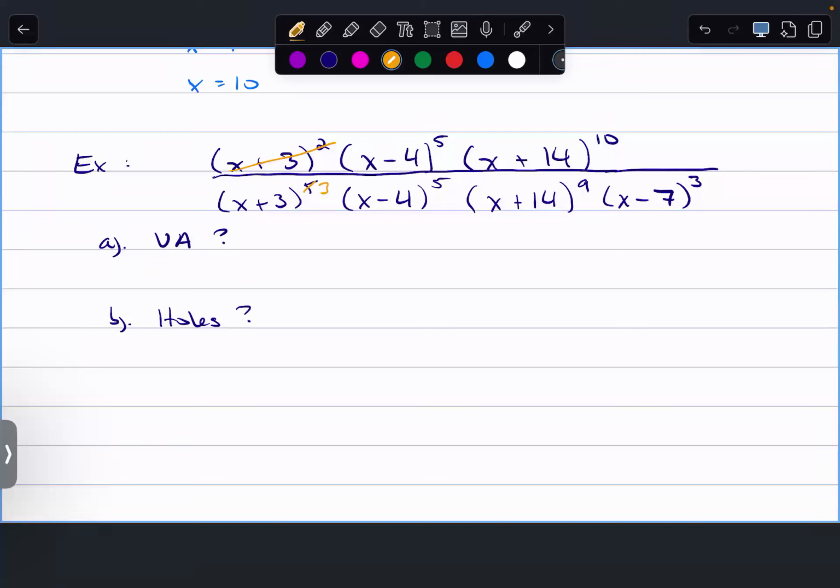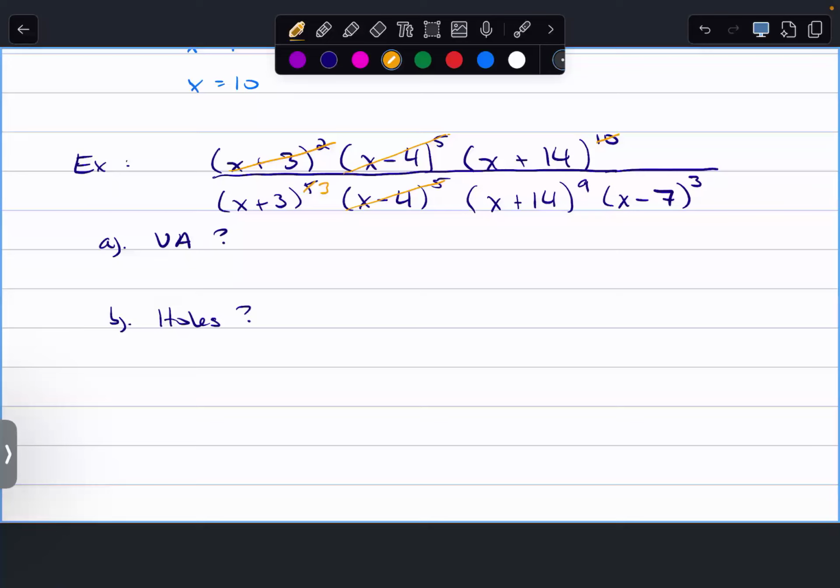(x-4)^5 over (x-4)^5. If you just focus on that individually, then that's just 1. So this is entirely going to cancel out. (x+14)^10 over (x+14)^9.